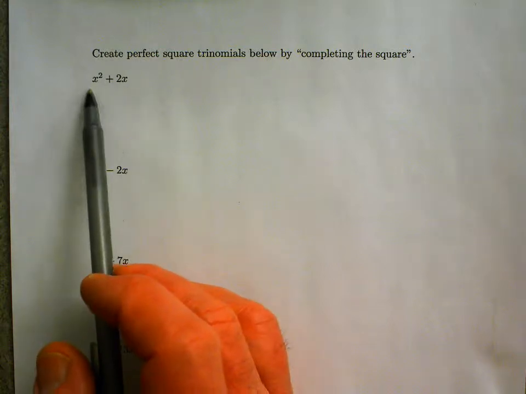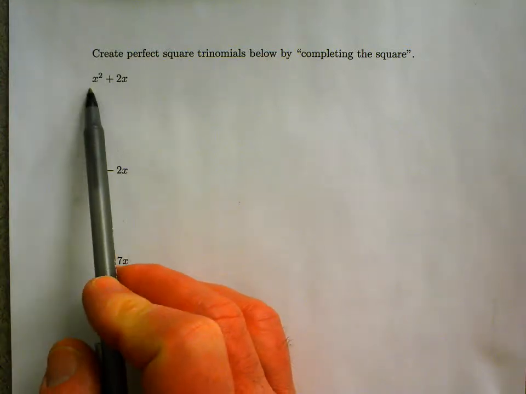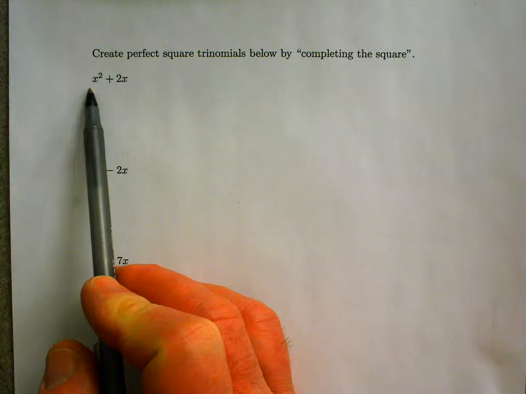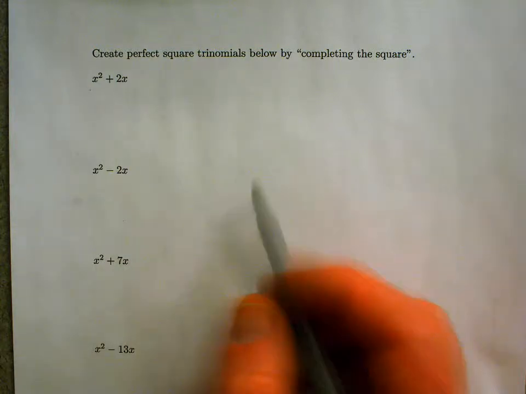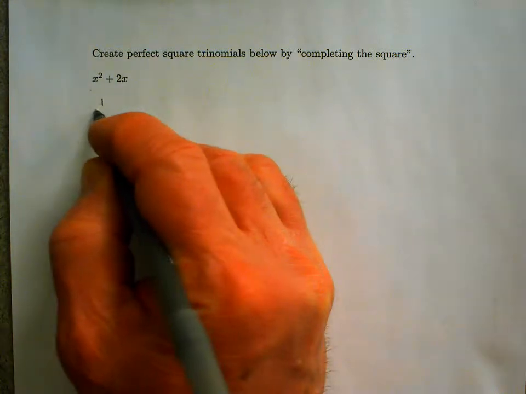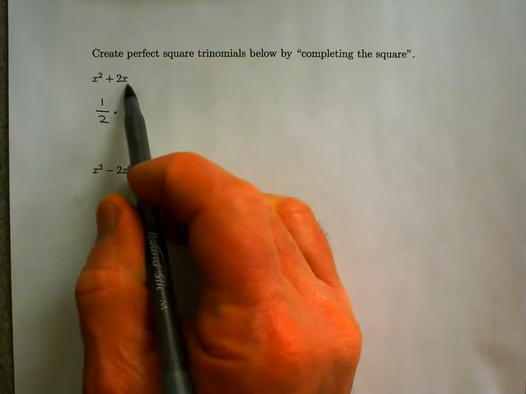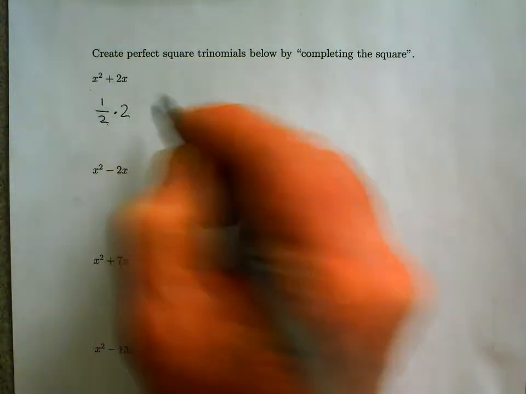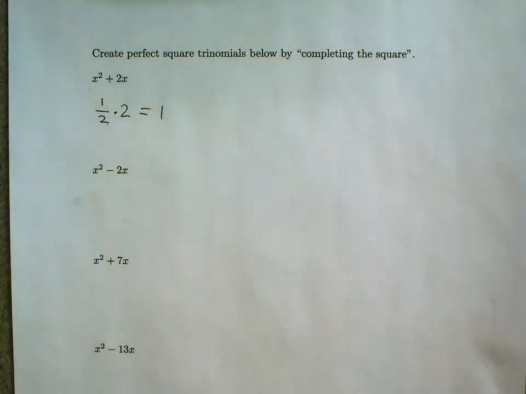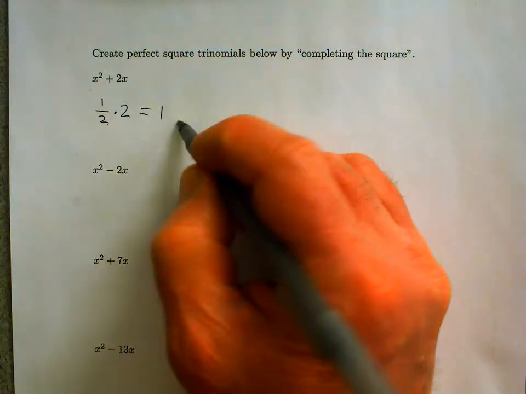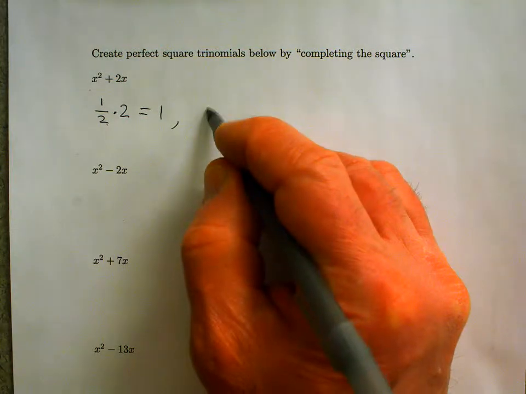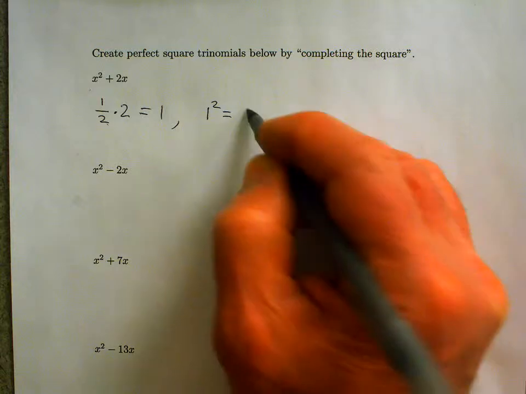Notice that the coefficient of x squared is 1. The next step, we take 1/2 of the coefficient of x. So 1/2 times 2 is 1. Then we square that number. 1 squared equals 1.